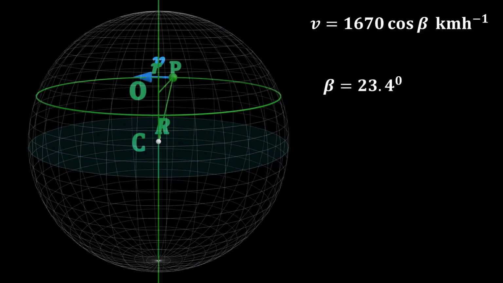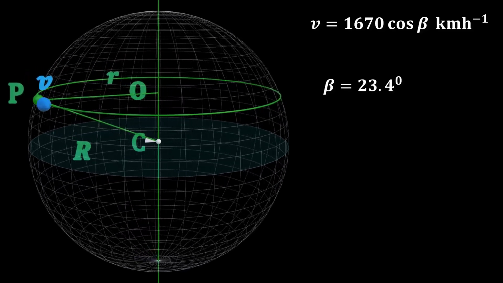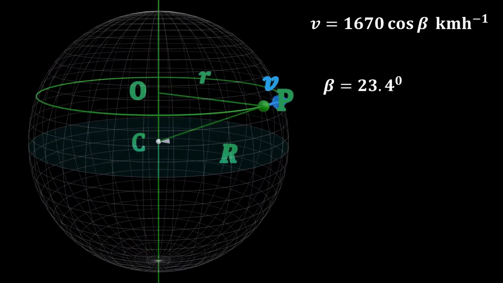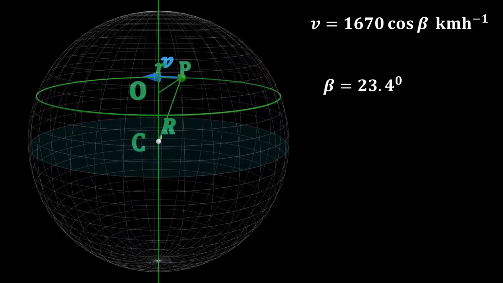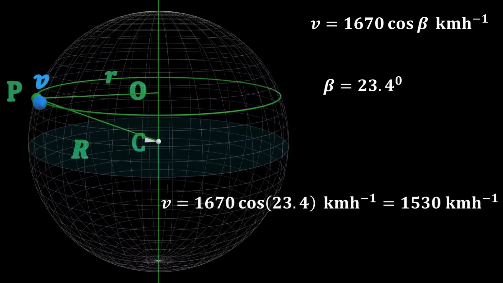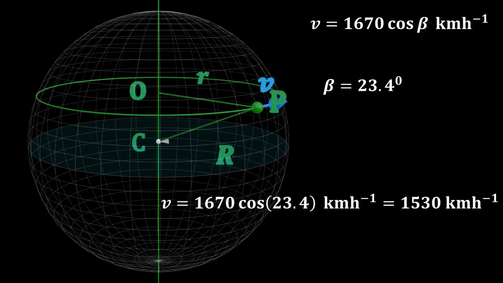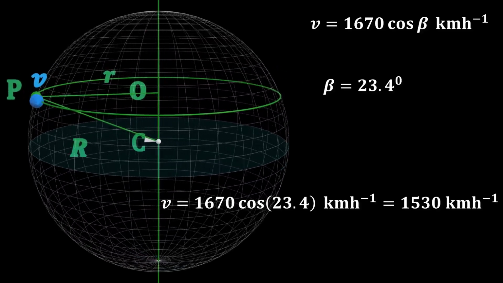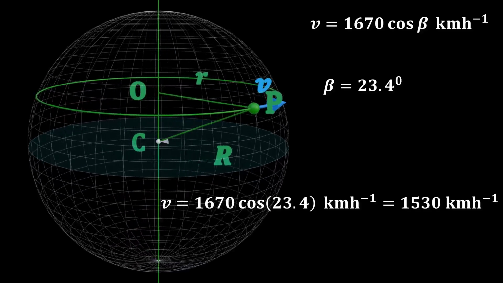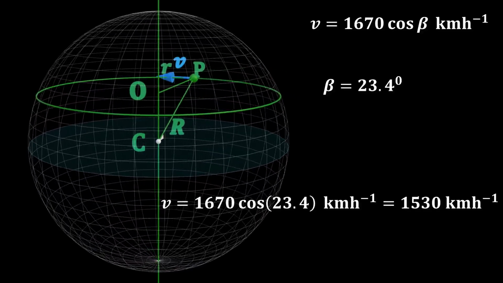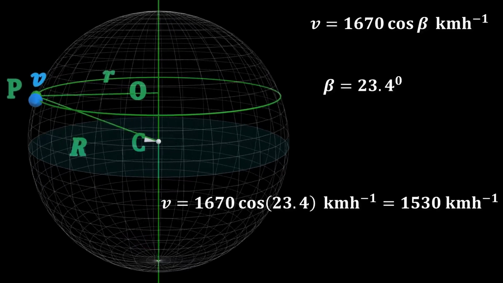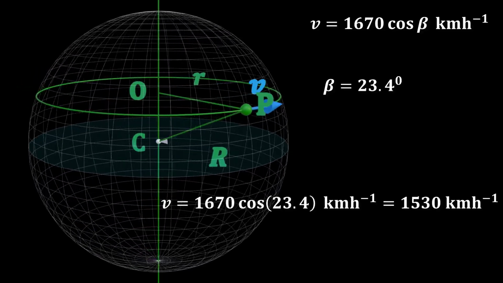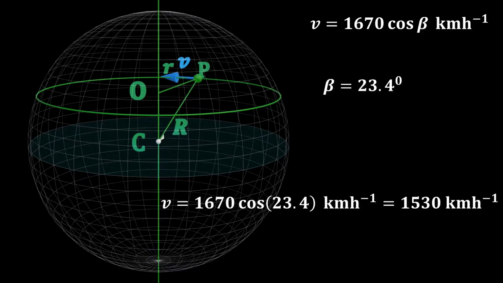For beta equals 23.4 degrees, which corresponds to the Tropic of Cancer, we have V equals 1,670 cos 23.4, and this is in kilometers per hour, and we should obtain 1,530 kilometers per hour to 3 significant figures.